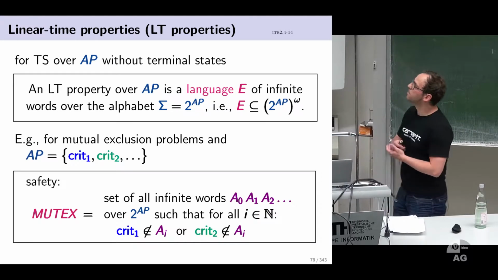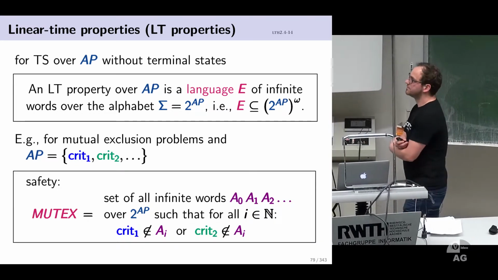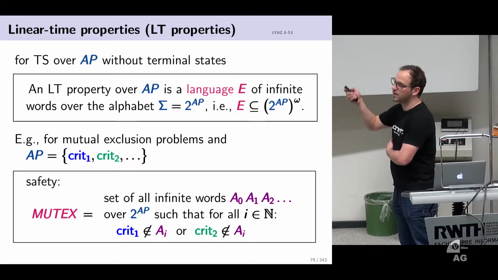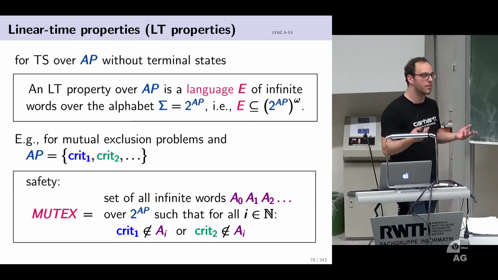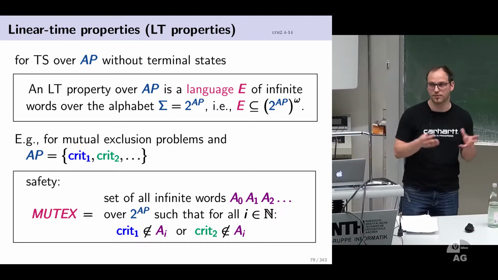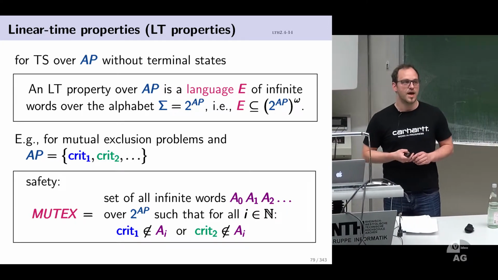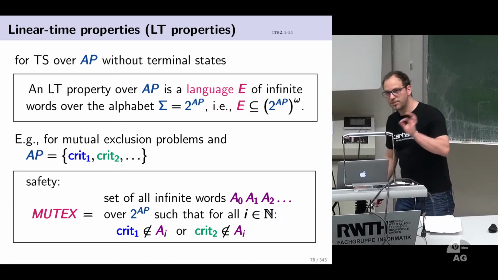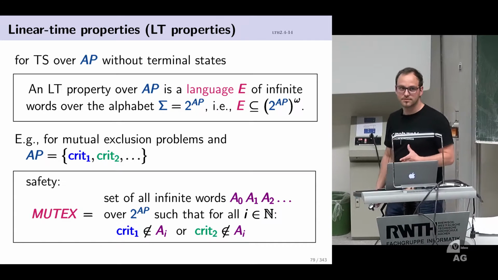Well, okay. So let's look at an example. Say our set of atomic propositions includes crit 1 and crit 2. So we again are talking about some kind of mutual exclusion algorithm. How can we formalize the property mutex that says mutual exclusion holds?